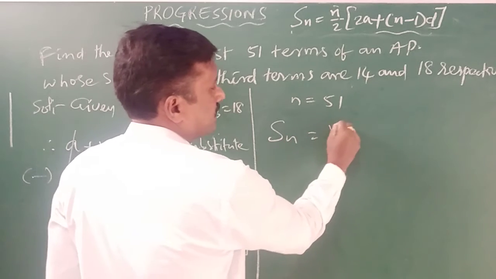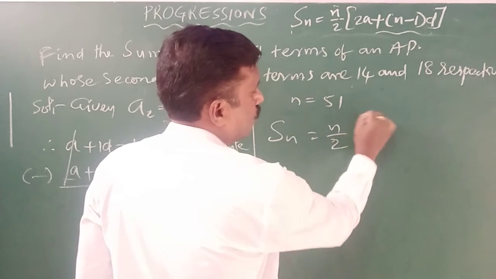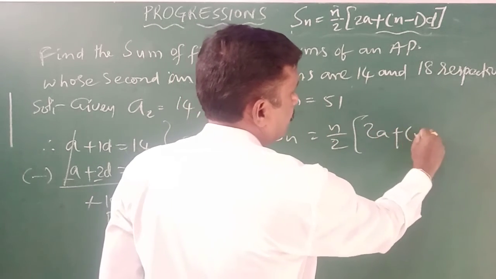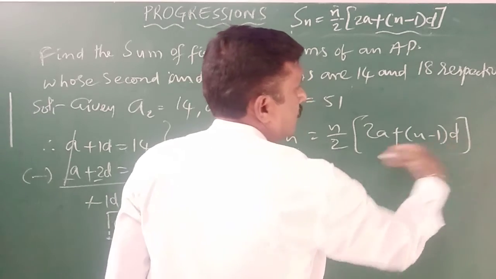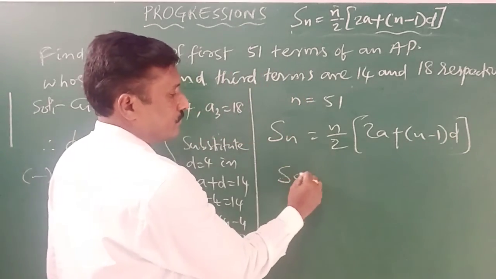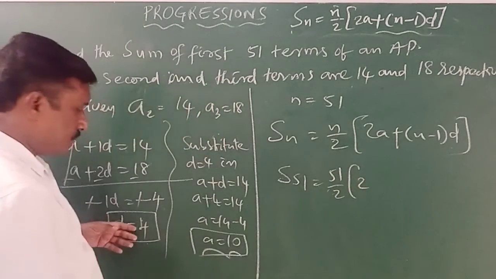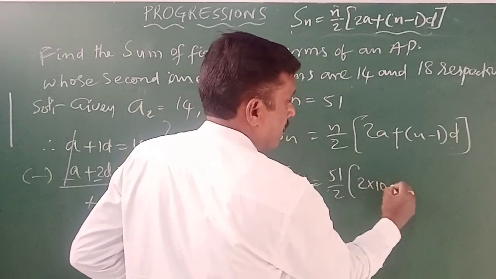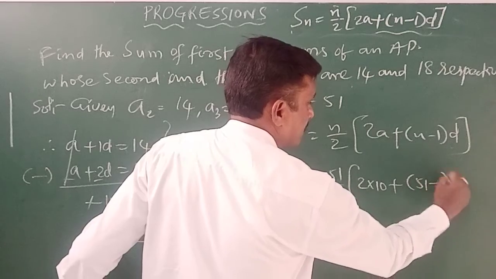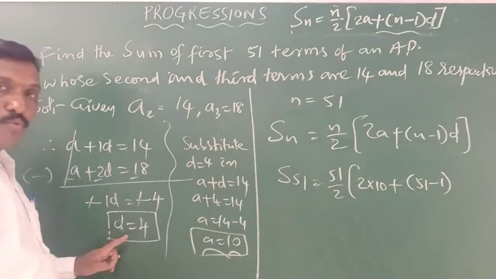So therefore Sn is equal to n by 2 of 2a plus (n minus 1) into d. So that is the 51 terms. What is the a value? It is 10, plus 51 minus 1, d is equal to 4.